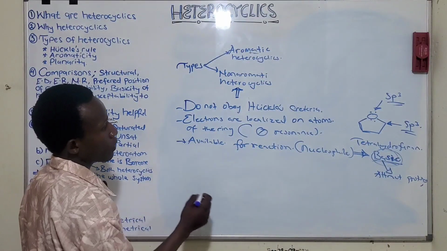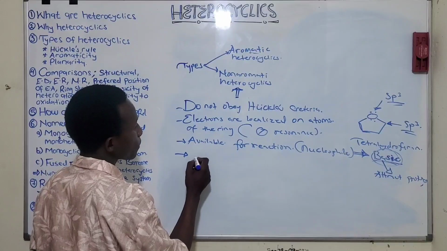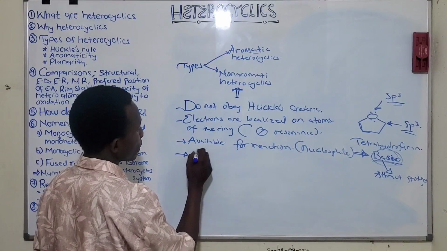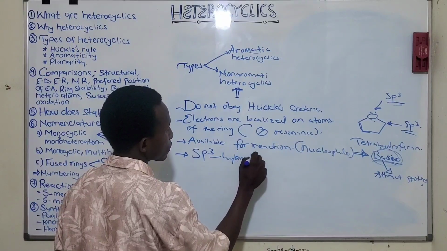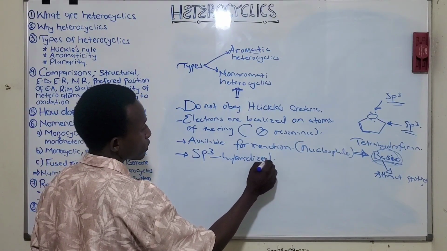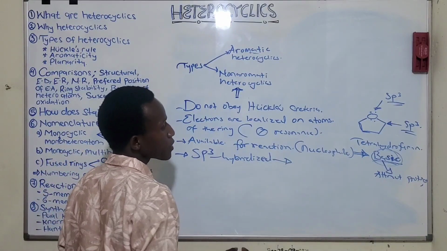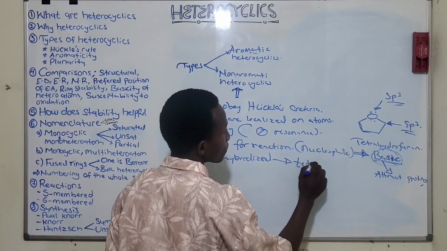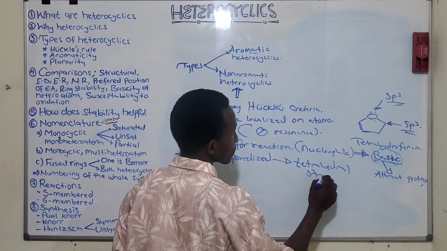Another thing, we said most of the atoms are sp3 hybridized. If they are sp3 hybridized, it means that they have tetrahedral structures.